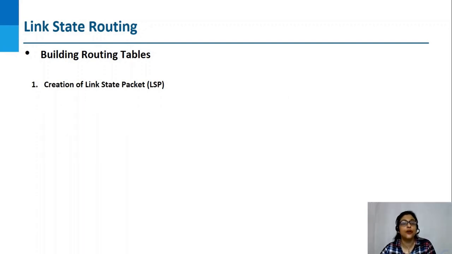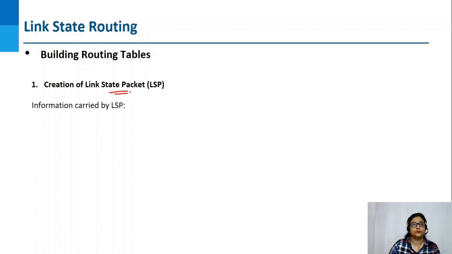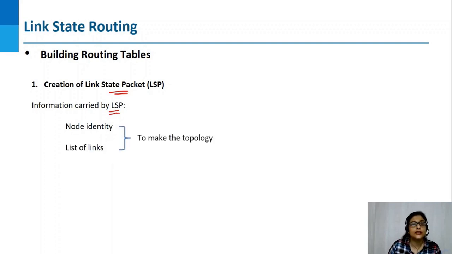Now how to build the routing tables using the shortest path tree? Number 1 is creation of link state packets, or LSP. The information carried by these LSPs will be the node identity and the list of links, and these 2 are basically used to make the topology.